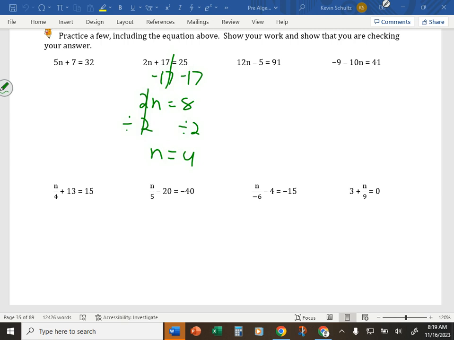If we did write it in there, this step would be 2n plus 0 equals 8. But adding a 0 to something doesn't change the value, right? So we might as well just put 2n, because 2n plus 0 is the same as just 2n. Same reason why in this step, 2 divided by 2 equals 1, we don't write the 1, because having 1n is the same as just having n.